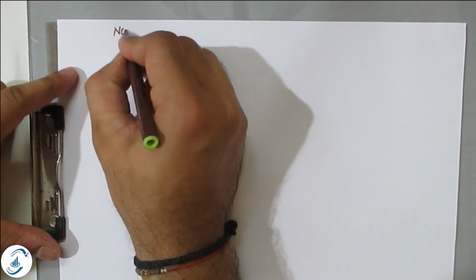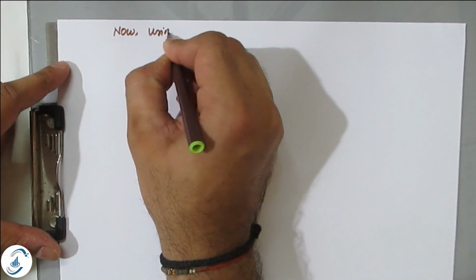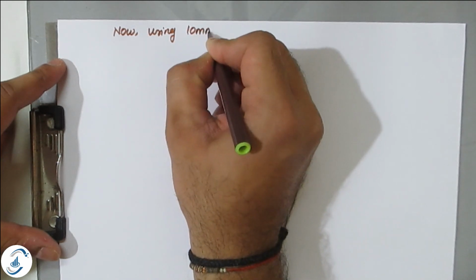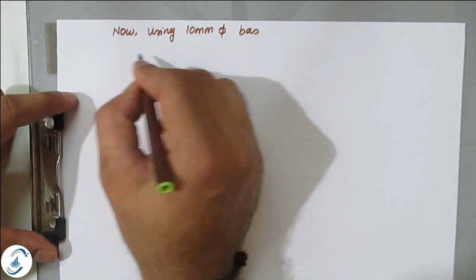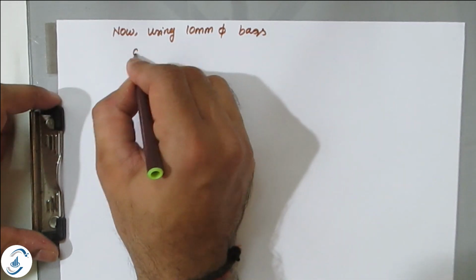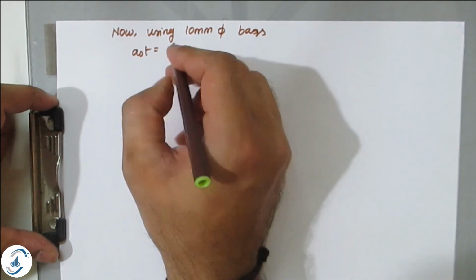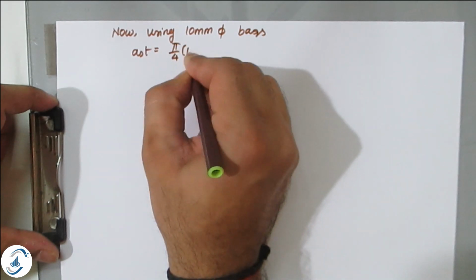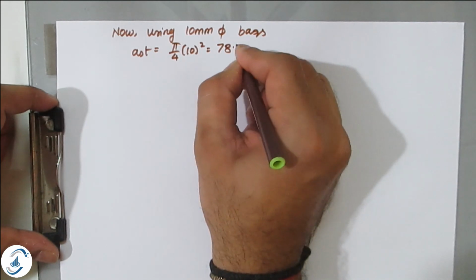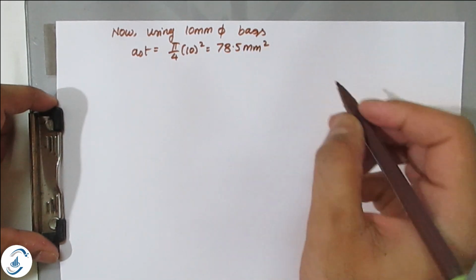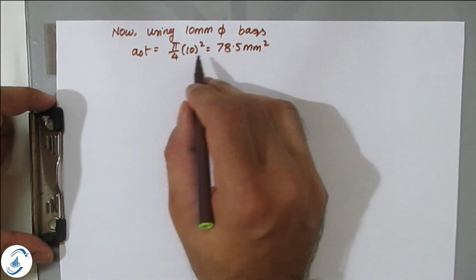Now, using 10 mm bars, small Ast, that is pi by 4 into 10 square, will give you 78.5 mm square. So this is the area of 1 bar.